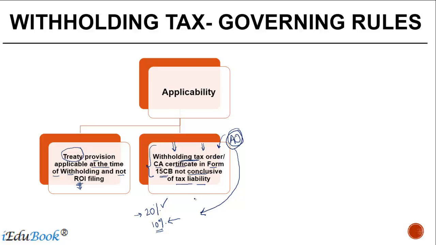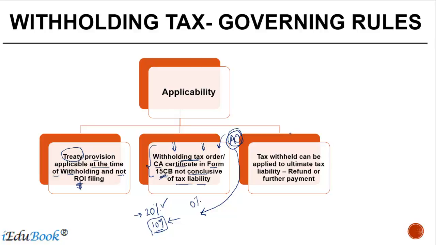Similarly, if he obtains a CA certificate which says that the tax rate should be 0%, whereas at the time of return he assumes that the tax should be at 10%, then the CA certificate in Form 15CB is also not a conclusive evidence of the tax liability. That will be governed by the provision of the Act or the treaty, which may be interpreted in detail at a later stage.